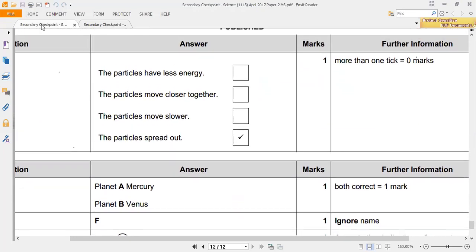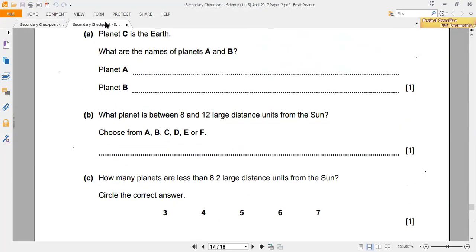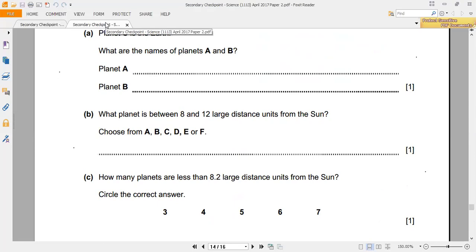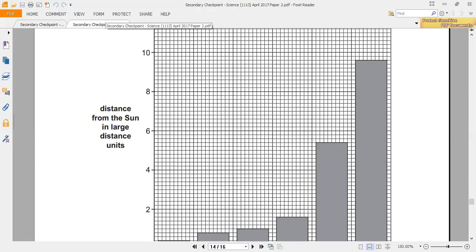Then, how many planets are less than 8.2 large distance units from the sun? I'll make an annotation to make it easier. This is 8.2 here.